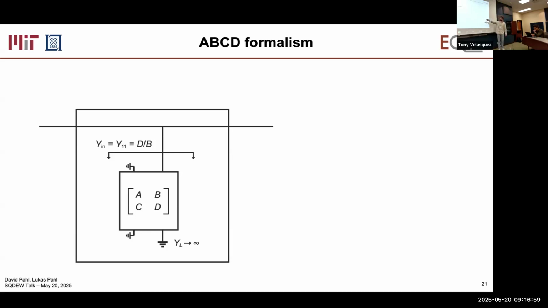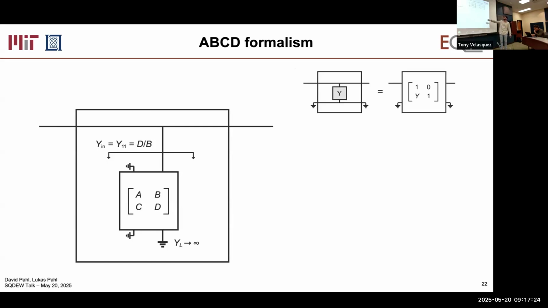But if this were in a hanger configuration, like if what we just saw was actually hanging off a feed line and shorted at the other end, then we just take its ABCD matrix, the one we just computed, and we realize that the input admittance going through here is just D over B. So you just take D over B of that matrix.